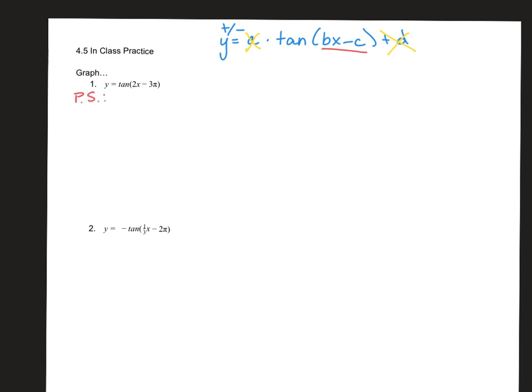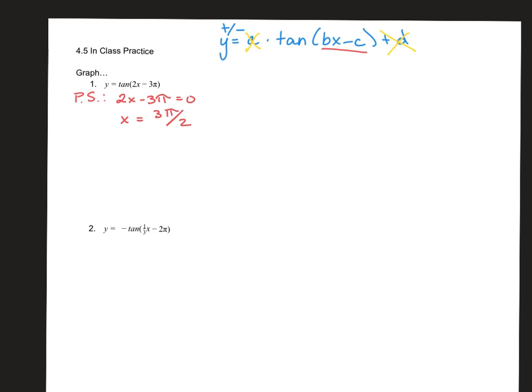The phase shift is always where the parent graph would normally hit 0, where it has moved to. So in this particular case, we're going to take our 2x minus 3 pi and set that equal to 0 to get x equals 3 pi over 2 as our phase shift.